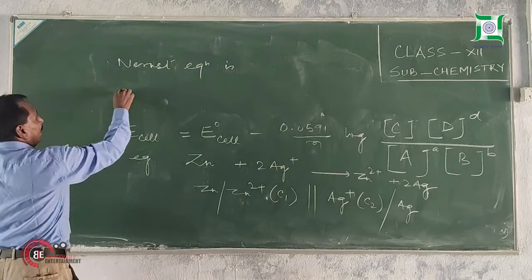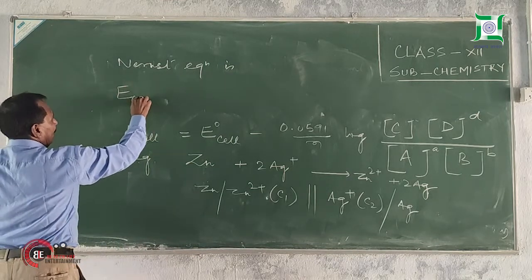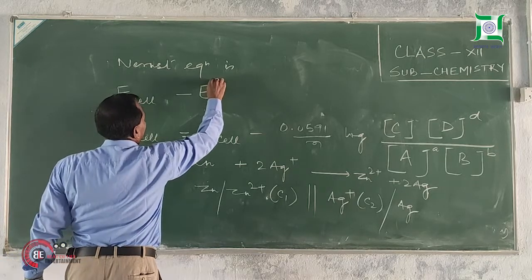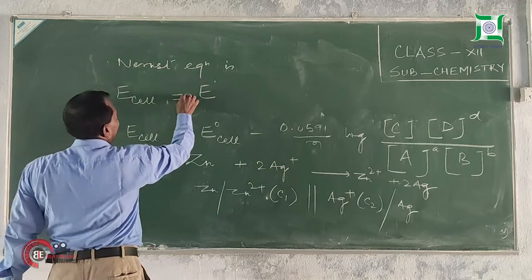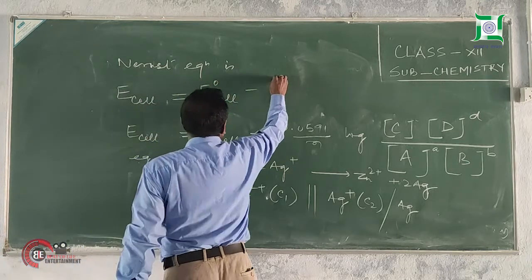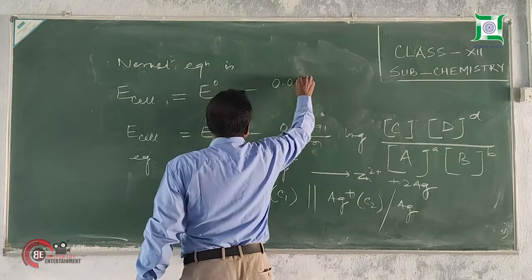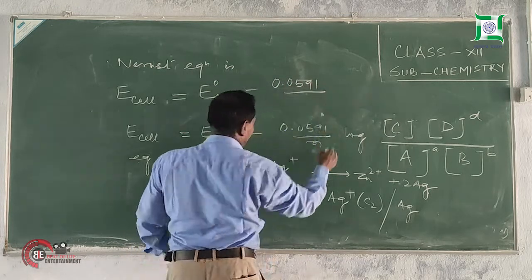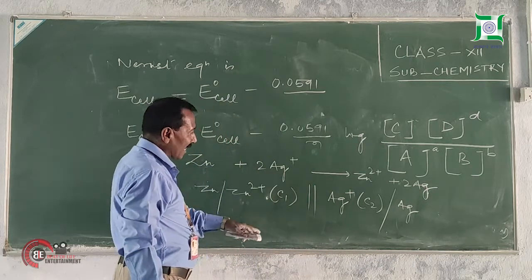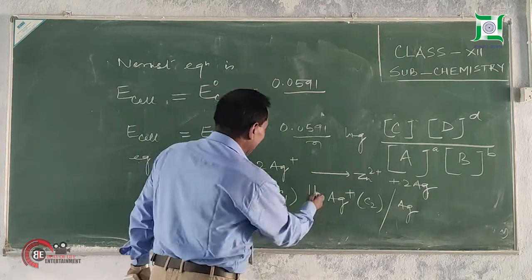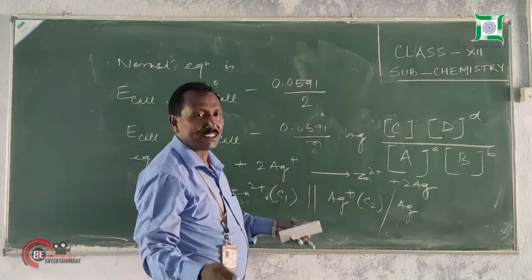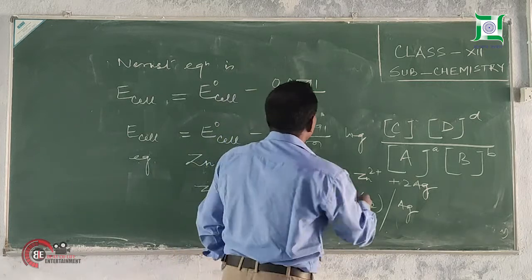E cell is equal to E naught cell minus 0.0591 by n, where n has value 2 because 2 electrons are involved in this process, and how it is 2, I will also discuss.